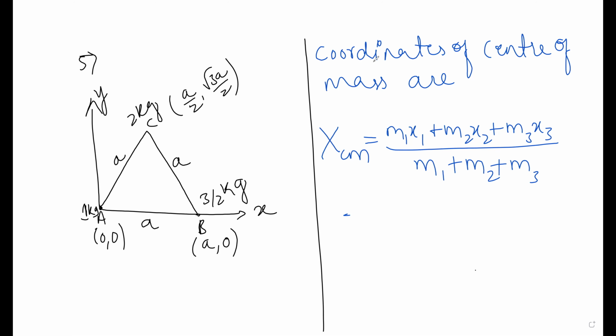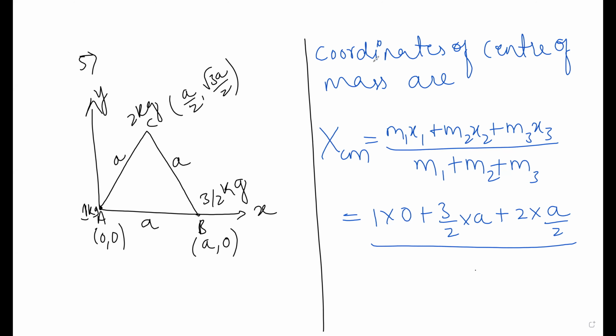Here, substitute m1 as 1 and x1 as 0; from the diagram we can analyze the values. m2 is 3/2 and x2 is a, plus m3 is 2 and x3 is a/2, divided by the masses 1, 3/2 and 2.